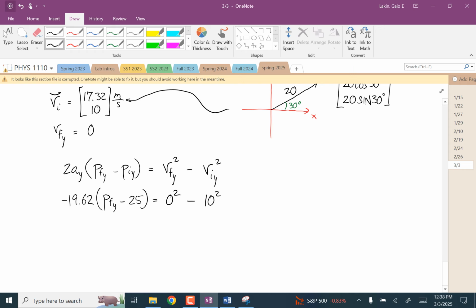So now we can divide, so the right side ends up being negative 100. And then negative 100 divided by negative 19.62 says PFY minus 25 is equal to 5.10 meters.